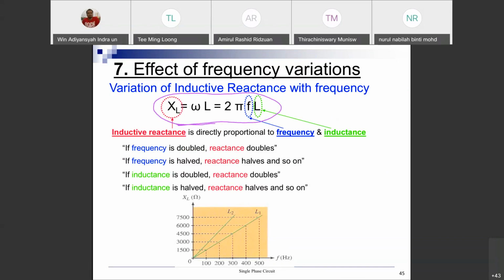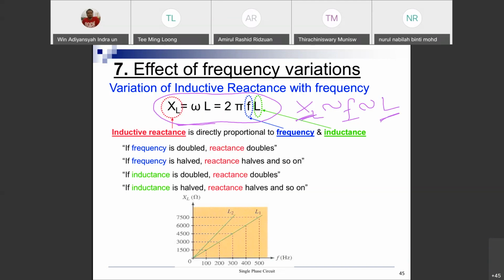Since XL has a linear relationship with F and with L, if we increase F, reactance of the inductor will also increase. If you increase L, inductance, XL will also increase.